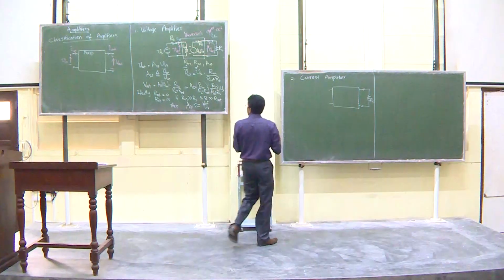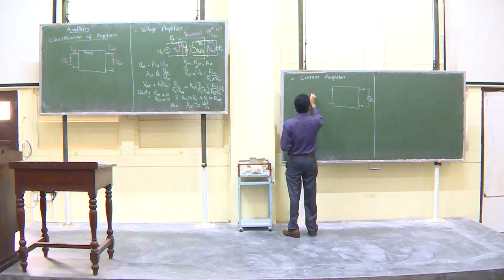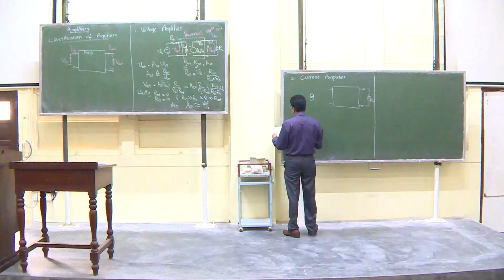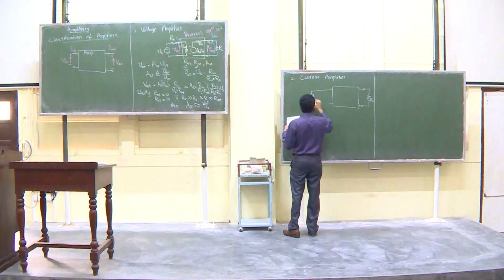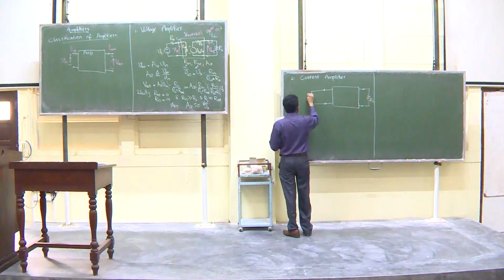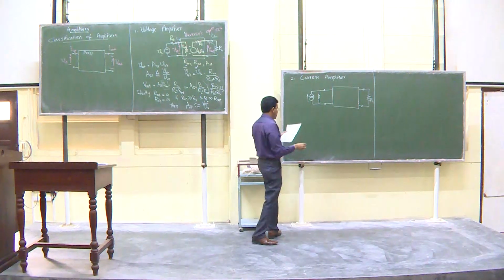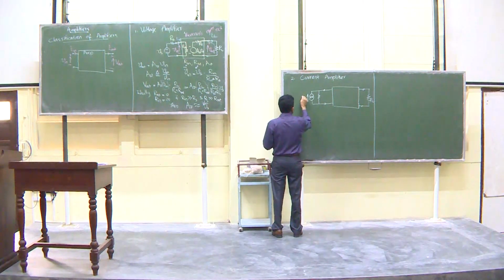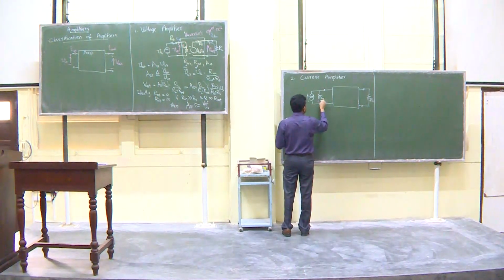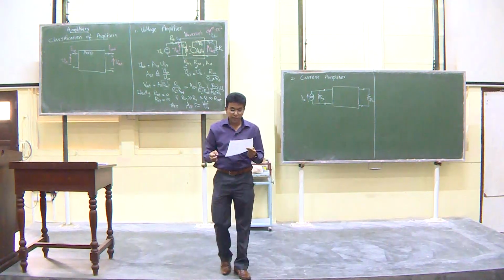So, therefore, I represent this as the Norton's equivalent circuit, where this is my Is and this is Rs. This is a source resistance and a current value.